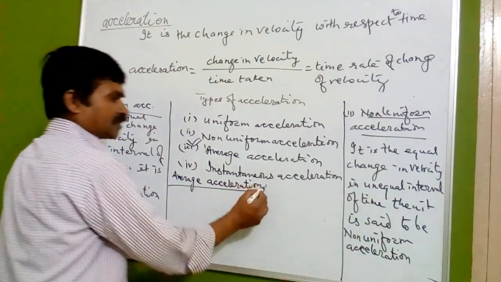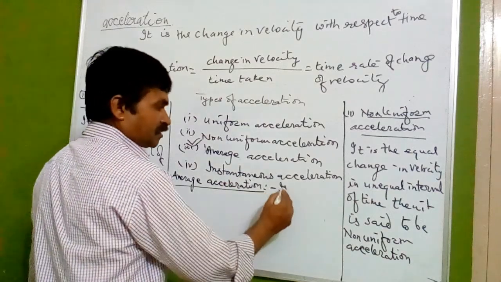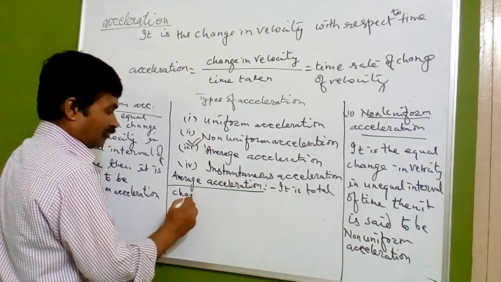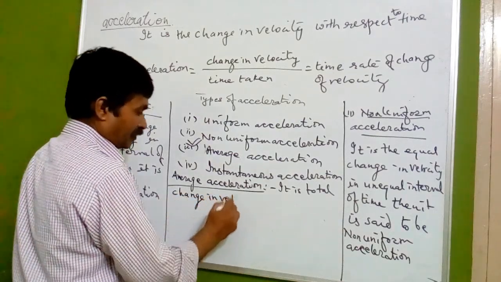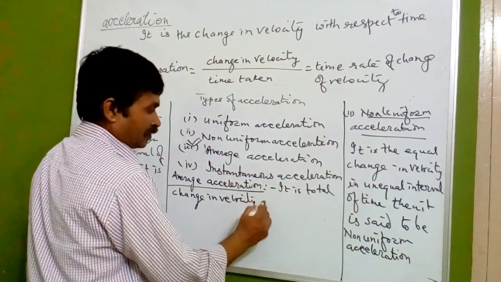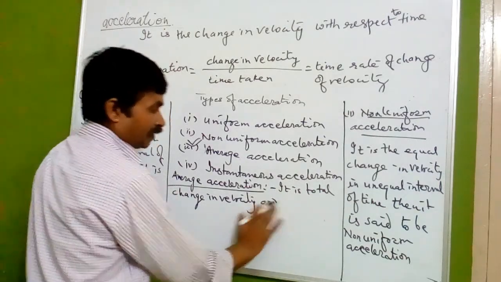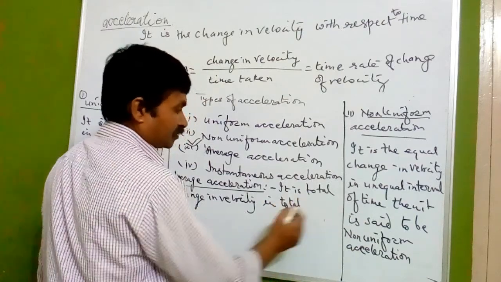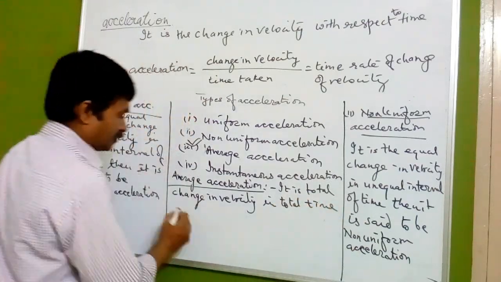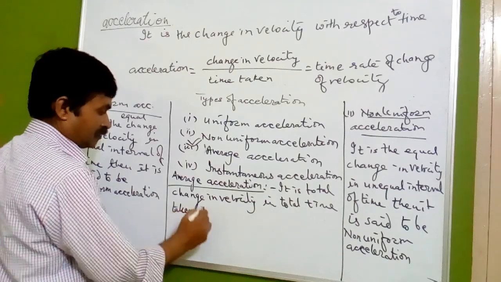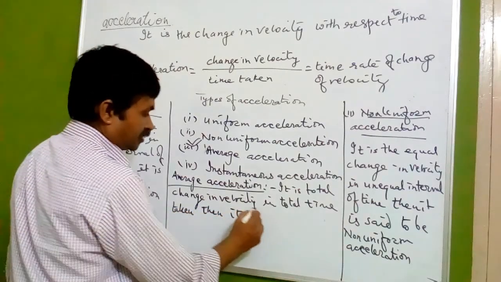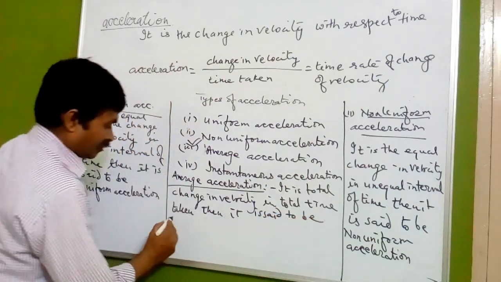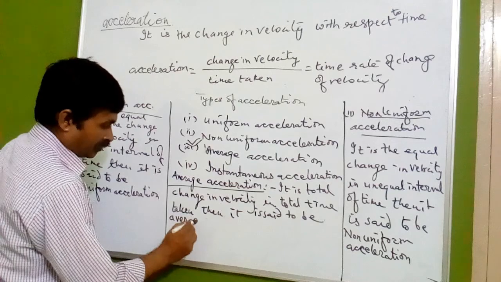In average acceleration, it is the total change in velocity and the total time taken, then it is said to be average acceleration.